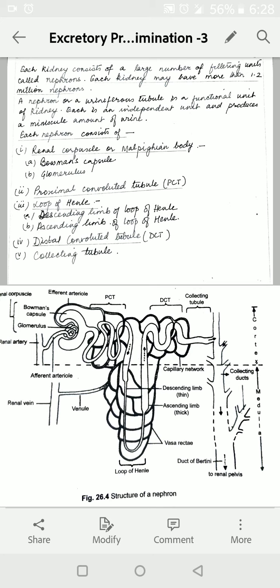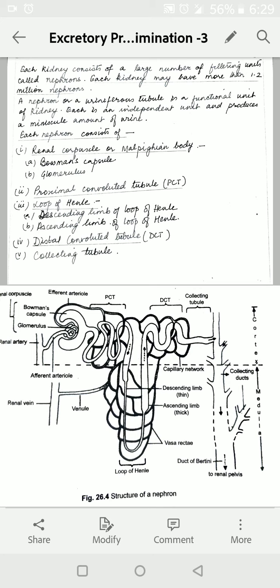The efferent arteriole is narrower than the afferent arteriole, and the efferent arteriole, as you can see in this figure, then breaks up into a network of capillaries which surrounds the entire nephron. Whole of the PCT region, the loop of Henle, the DCT region is all surrounded by the efferent arteriole, and finally it joins to form the venule, which then opens into the renal vein.